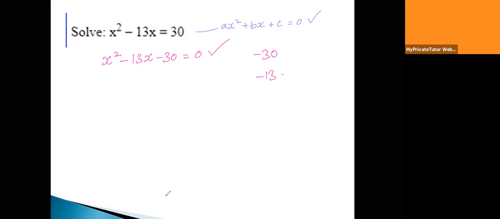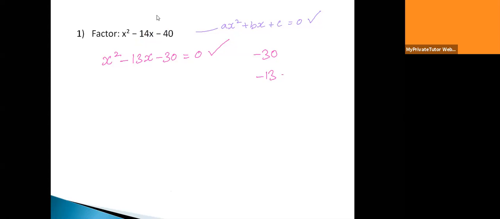Okay, so now please find the numbers. So what about 15 and 2? Minus 15 and 2, please check it. I mean to say minus 15 plus 2, which is minus 13.